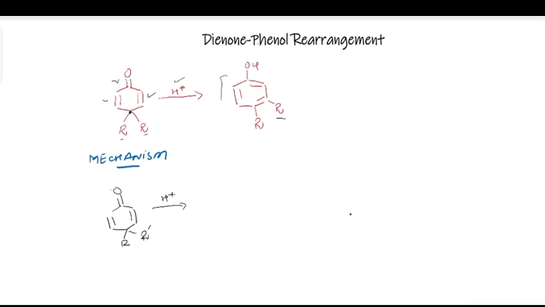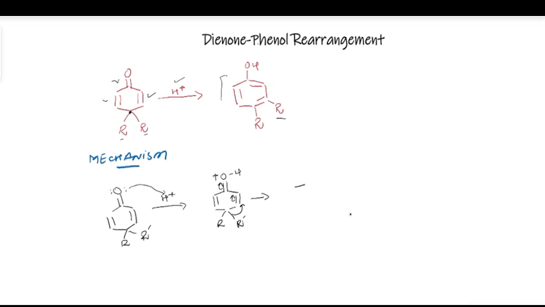So what will happen apparently is that this oxygen will be protonated, gaining a positive charge, which will ultimately lead to the shifting of one of the carbon-carbon bonds due to readjustment or movement of these pi electrons accordingly.